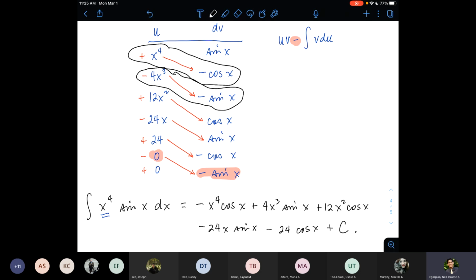But don't forget to also include the alternating sign because formula 1 has uv minus the integral of v du. All right. Do you find this easier than doing the IBP in what I call the paragraph form, which is what we did for the previous example?